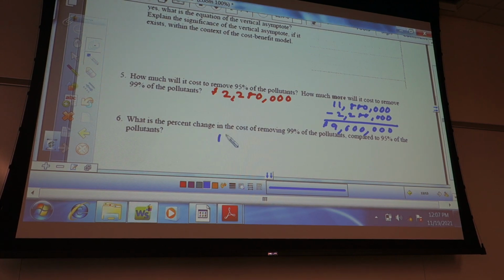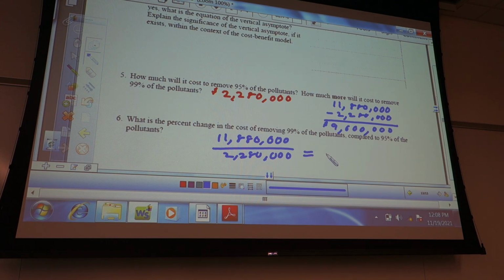What's the percent cost of removing 99% compared to 95%? Well, then we divide them. 11,880,000 divided by 2,280,000. Everybody do it. What did folks get? 5.2.